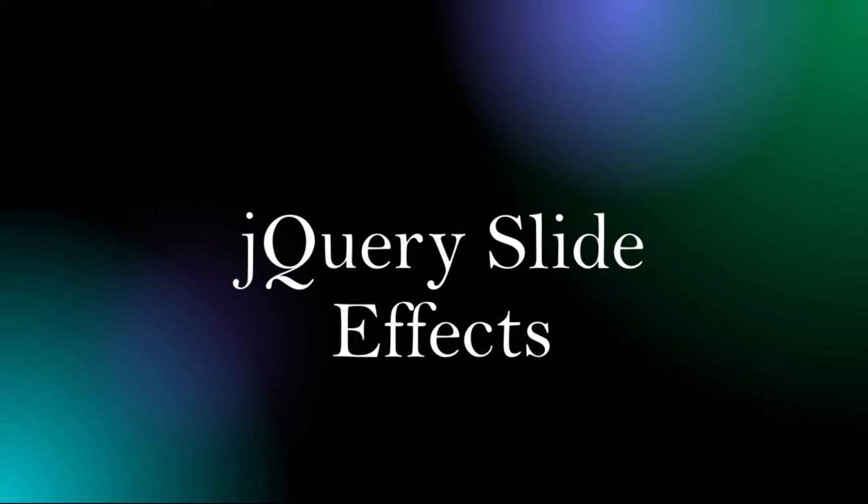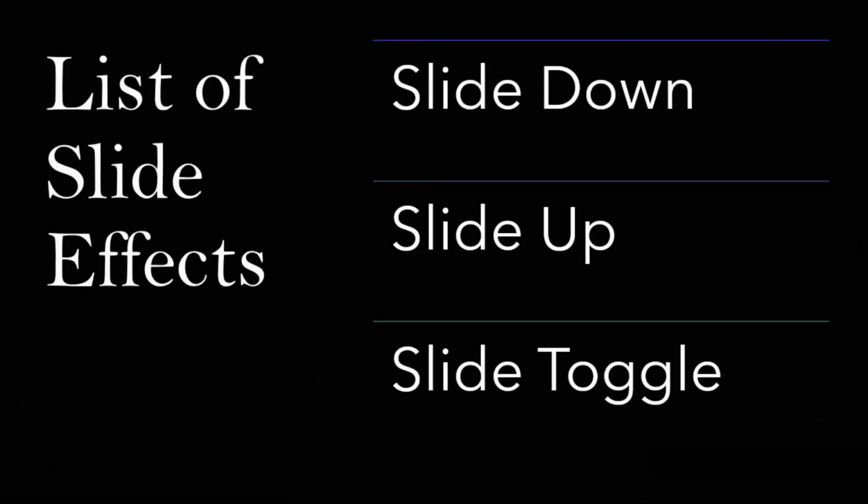Now, there are three types of slide effects, that is slide down, slide up and slide toggle. Slide down, as the name suggests, displays something to us. That is, when we are hovering our mouse or clicking our cursor on a menu item, at that time the sub menu item is displayed to us.